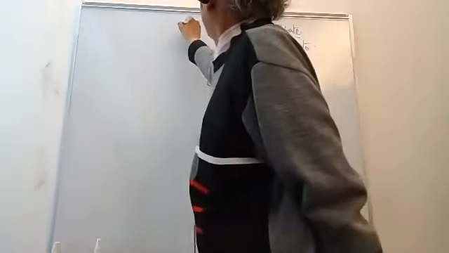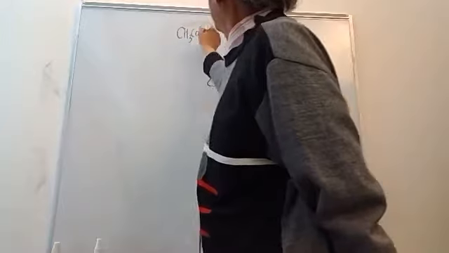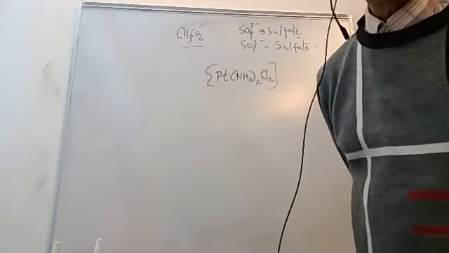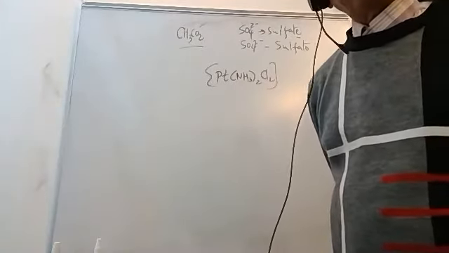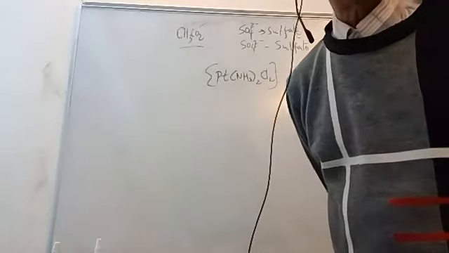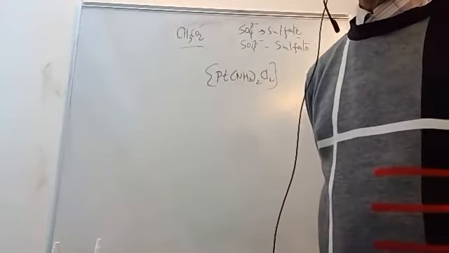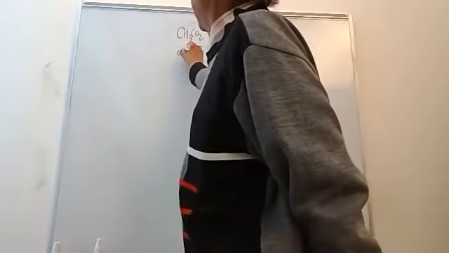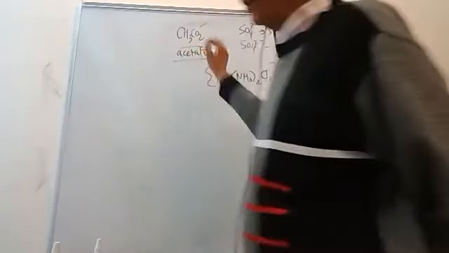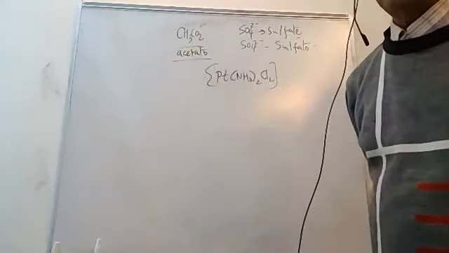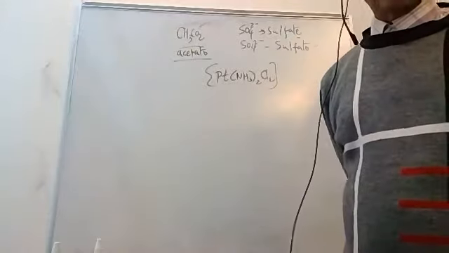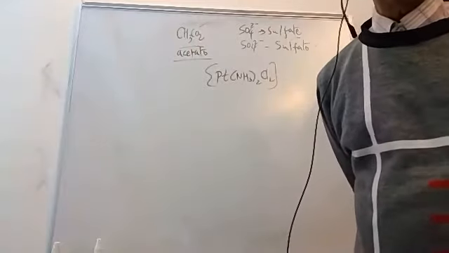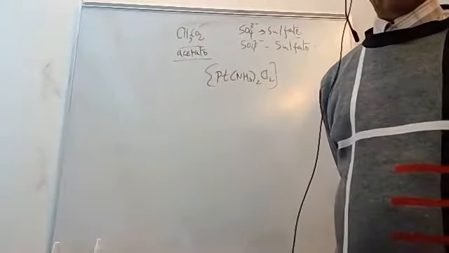For example, if I have acetate, acetate is the name of this ligand. So when it is a part of a coordination complex, what should its name be? Is it acetato? Acetato is absolutely correct. If it is all by itself, standing free, then we call that acetate. But if it binds to a metal, suddenly its name changes from acetate to acetato.